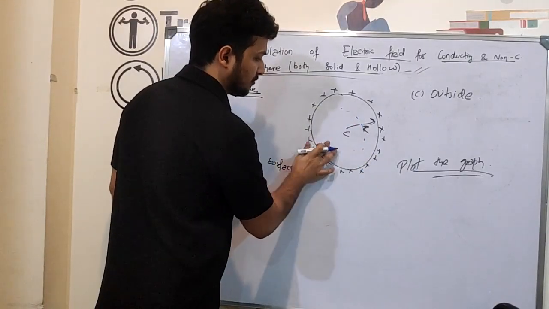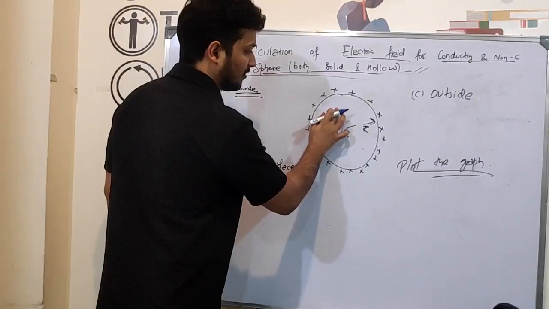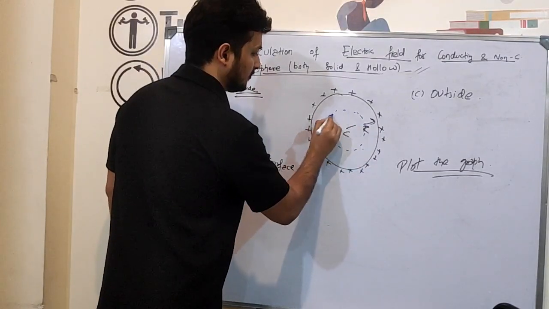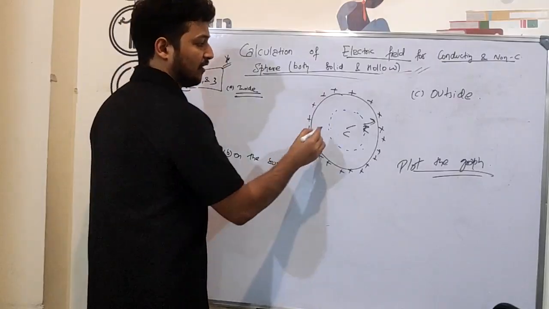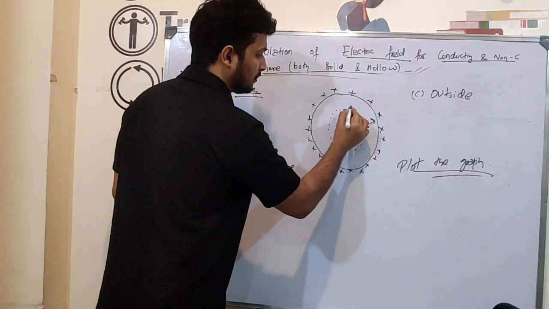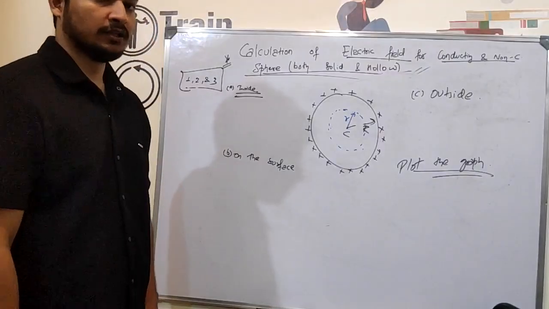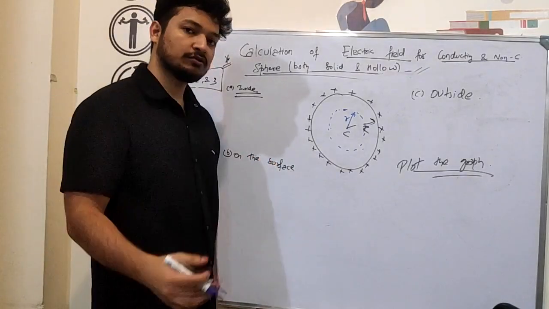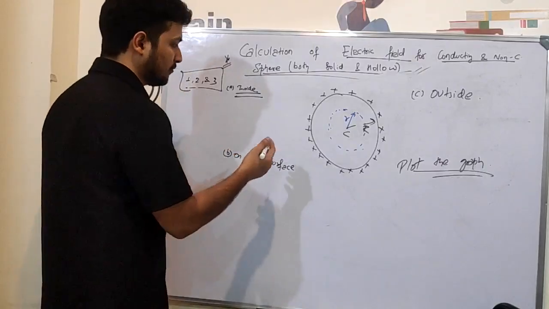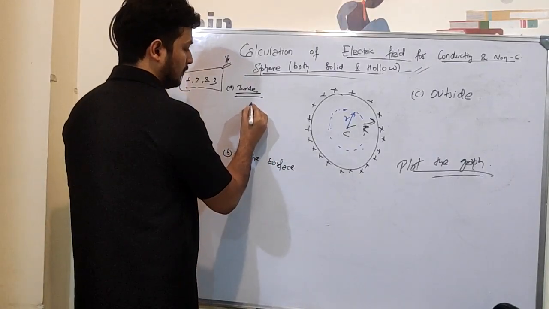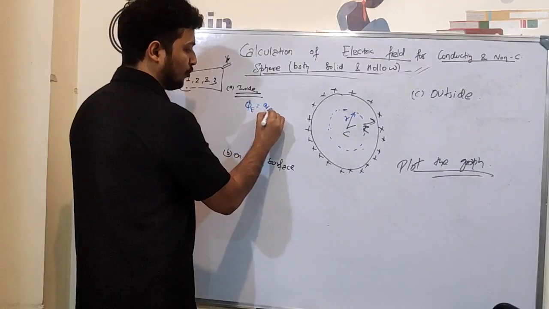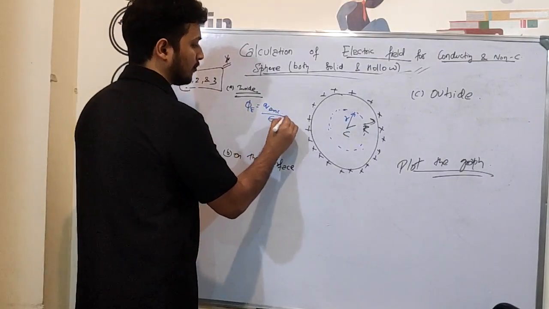My drawing is not good, so pardon me on that. I hope you can see this is a Gaussian surface, and the radius of this Gaussian surface, we are going to say it is small r. So if it's a Gaussian surface, we are going to see how much charge is accumulated inside this. We know the formula: the value of flux will directly be equal to the charge enclosed divided by epsilon naught.